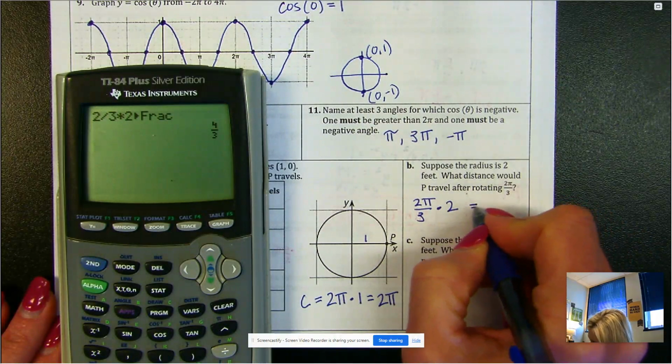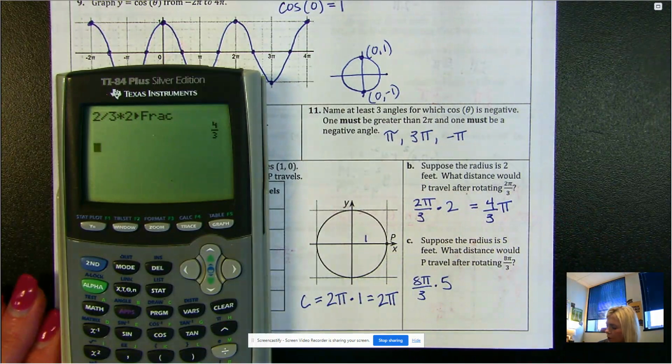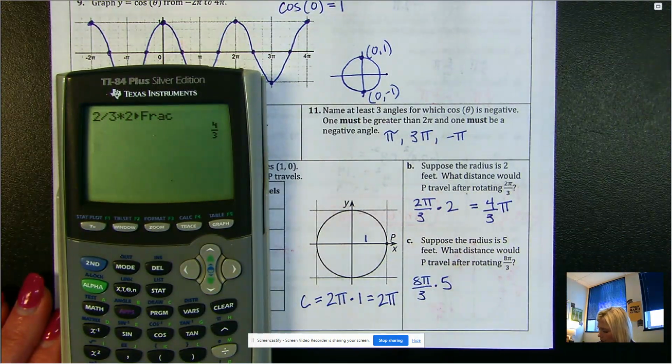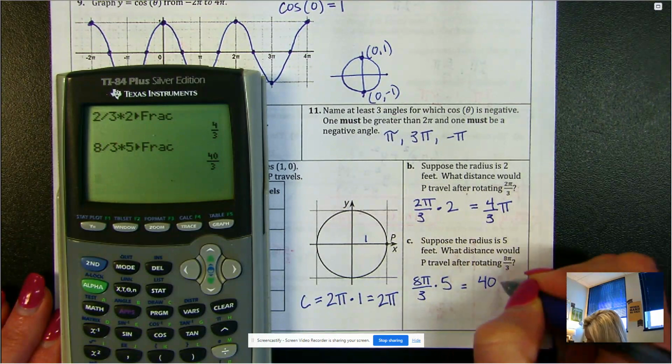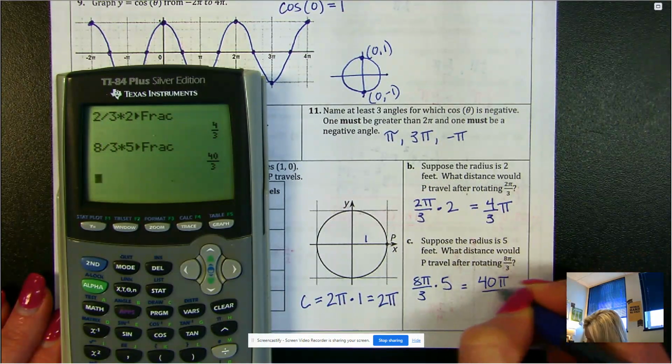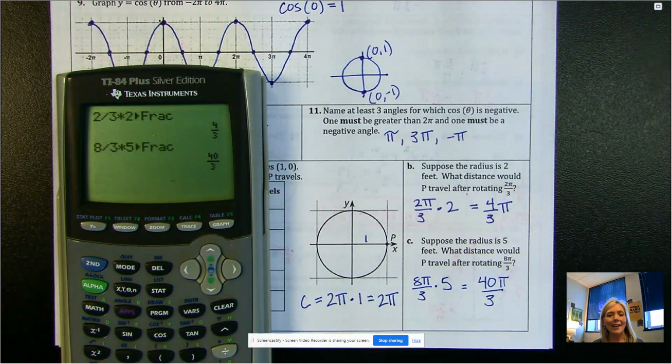So this is going to be 4/3 of pi, or 4 pi over 3. And then 8/3 times 5, math, enter, enter, is 40/3. So you can write 40/3 pi or 40 pi over 3. They're the same thing. All right, and that is the end of the review. Good luck on your test.